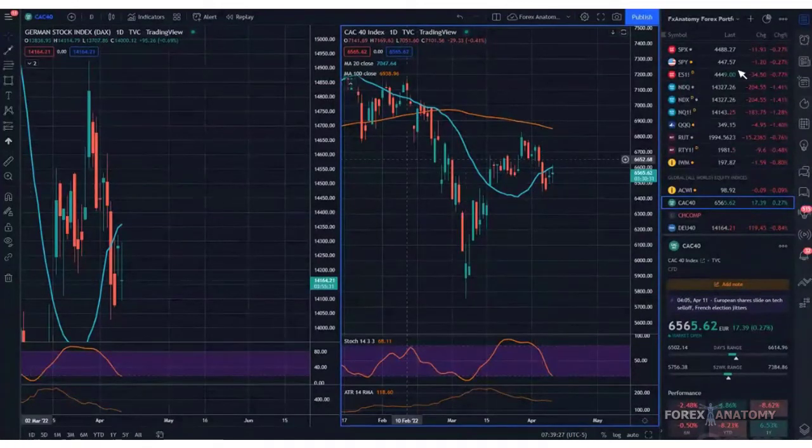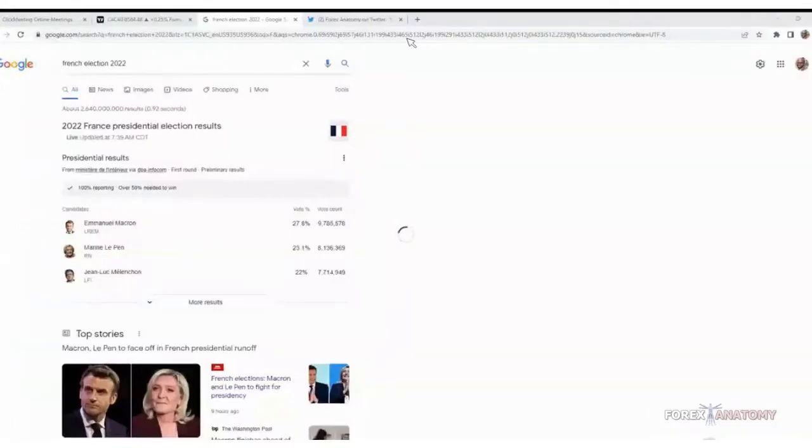But let me do this real quick, because I actually looked this up earlier, and as you can see right here, Emmanuel Macron and Marine Le Pen are pretty much close together. It's only off by 1 million votes. So during the first round, Macron gained a small margin, and then 3 weeks later there's another election, the second round, where it's just going to be these two top candidates competing with each other.